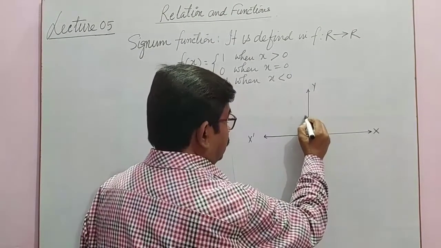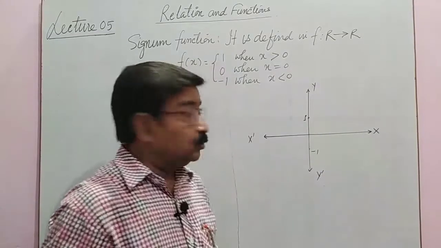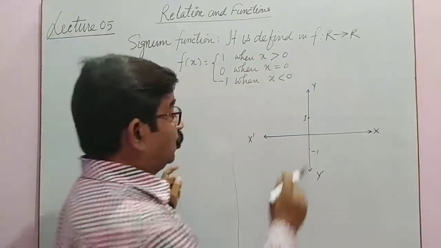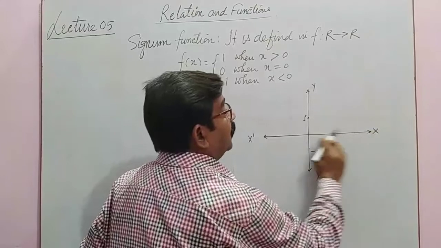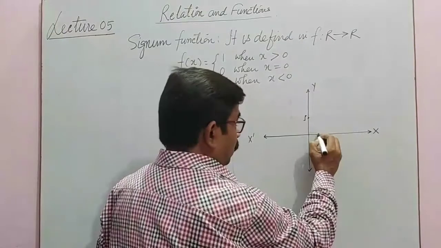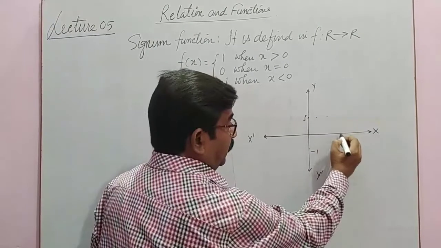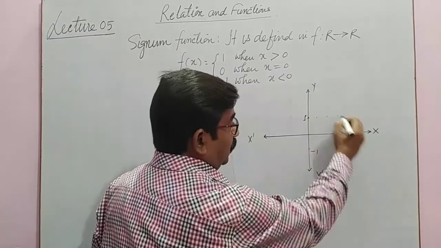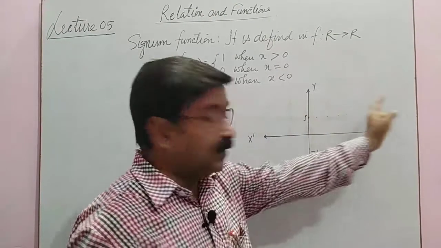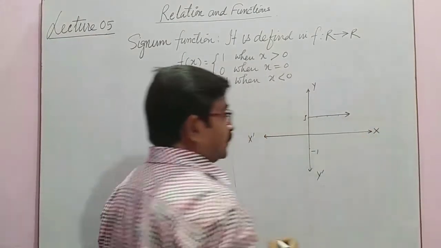Let this be x equal to 1, this one x equal to -1. For positive values of x, suppose x is equal to 1, then y is equal to 1. If x is equal to 2, then y is equal to 1. If x is 3, then y is 1. If x is 4, then y is 1. It will go in this direction, as you are choosing all positive values of x.